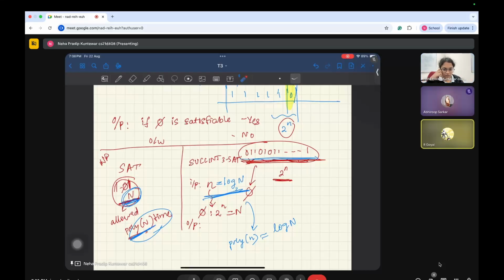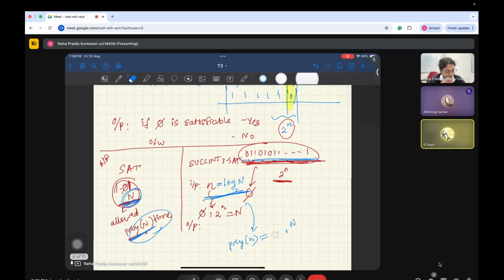So intuitively this is why the succinct 3 SAT problem is harder than NP. You would expect it to be harder than NP because you are expected to solve the same thing but in much lesser time, of the order of log n.